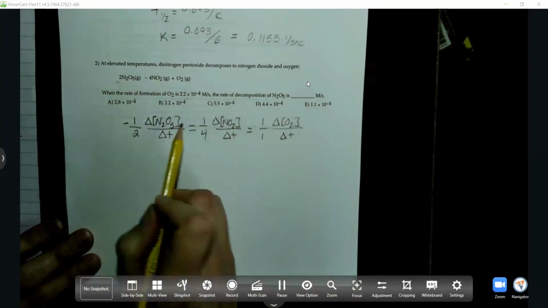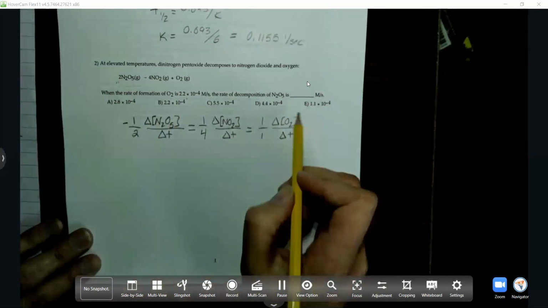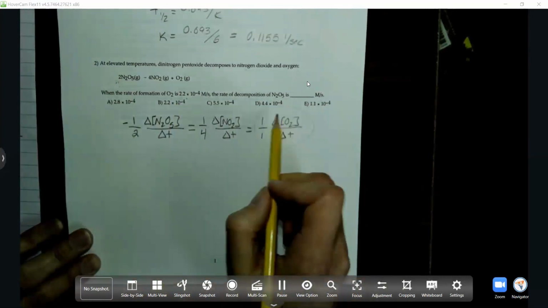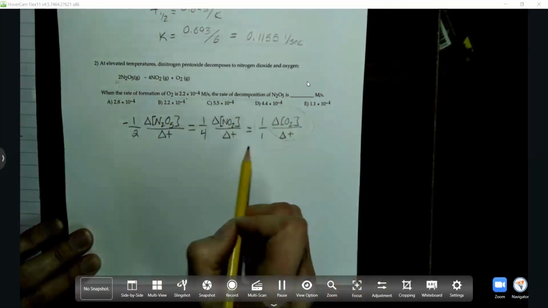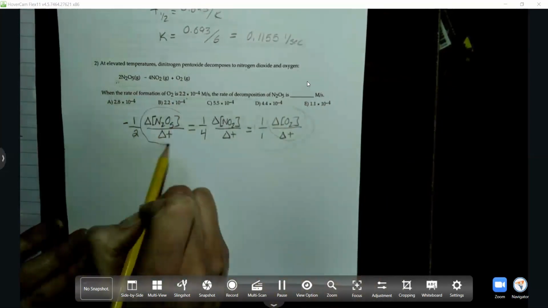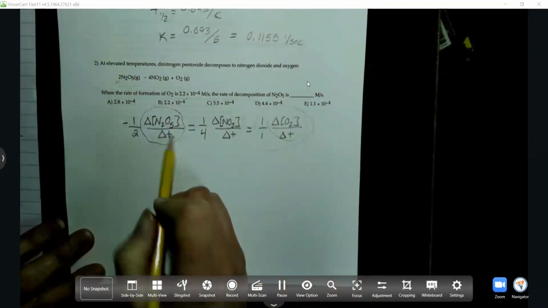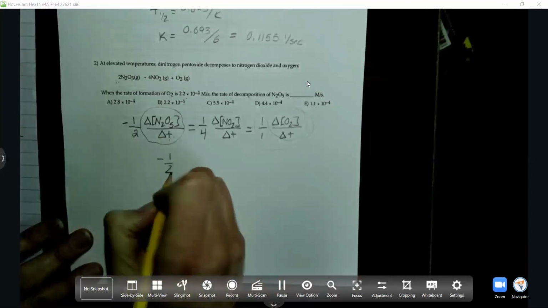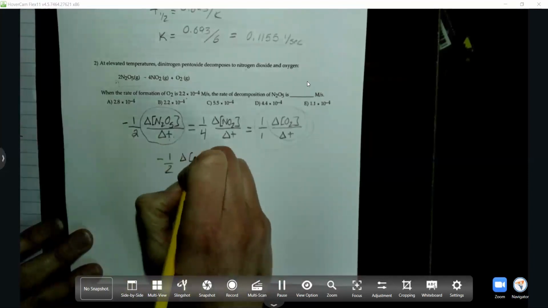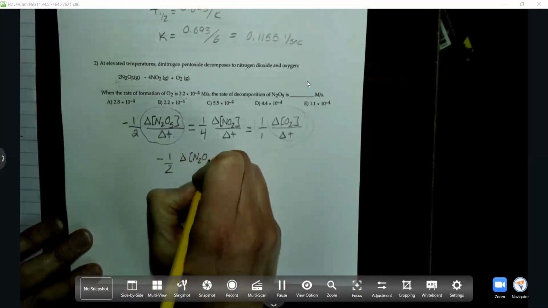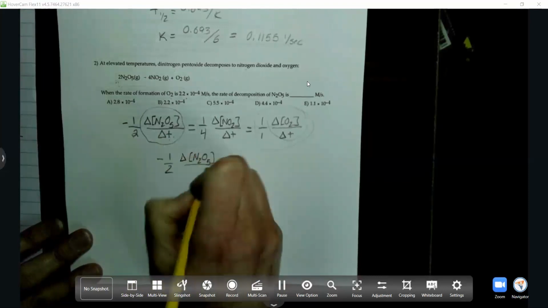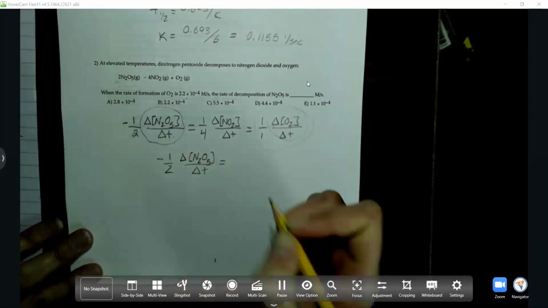And we have O2, so we have this part, and we want this part. And we want to know what the rate of decomposition of N2O5 is. So we can just use part of the equality, the portion that relates N2O5 to O2.